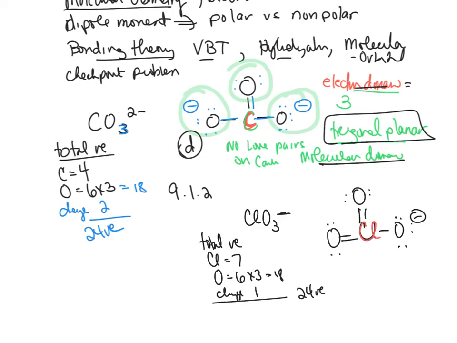Chlorine is in row 3 or greater, so it can do an expanded octet. And that means it can have more than 8, so it has 1, 2, 3, 4, 5, 6, 7, 8, 9, 10, 11, 12, 13, 14, 15, 16, 17, 18, 19, 20, 21, 22, 23, 24.